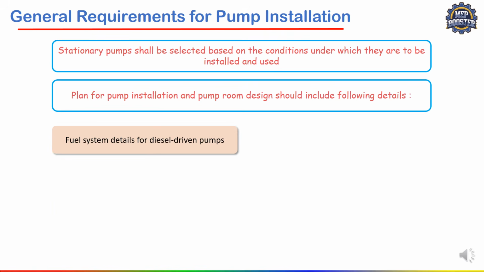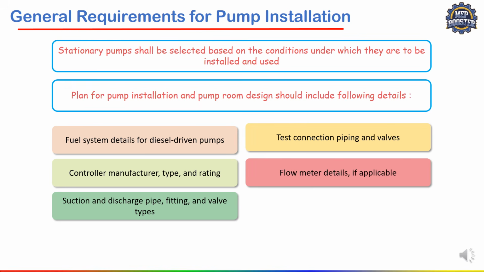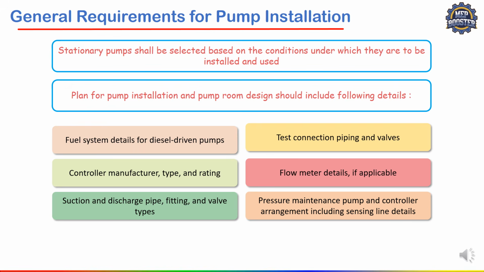And the fuel system detail for diesel driven pumps, controller manufacturer type and rating is needed, suction and discharge pipe fitting and valve types, test connection piping and valves, even flow meter detail if applicable. Pressure maintenance pump and controller arrangement including sensing line detail. So these are the things which we need.